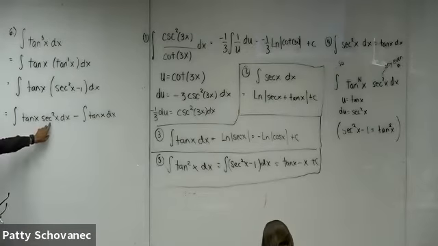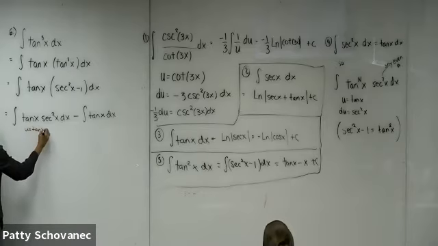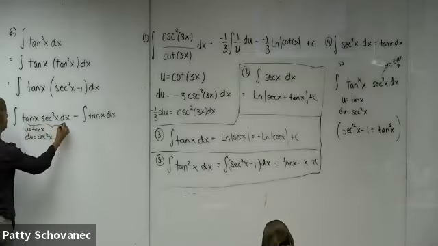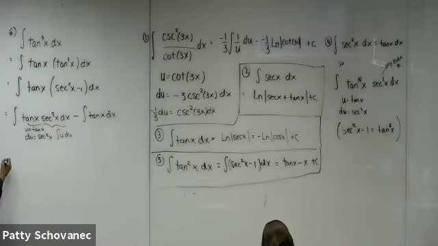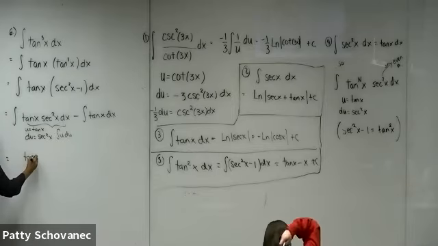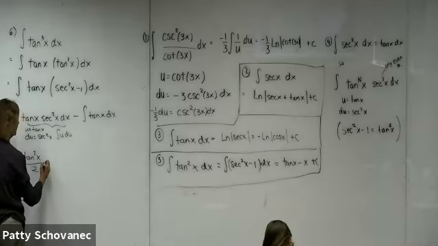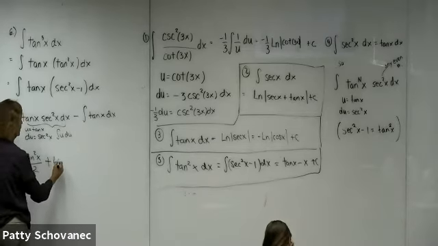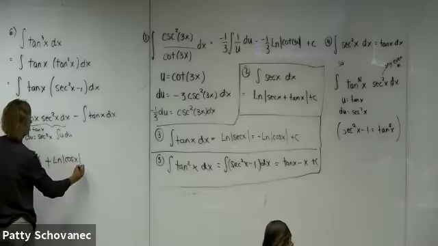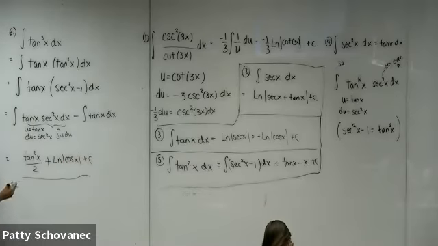So here u is tangent, du is secant squared. So this integral is just the integral of u du. We get u squared over 2. And then here we just did the integral of tangent a second ago, minus either the natural log of secant or minus the natural log of cosine, whichever you prefer. Okay.